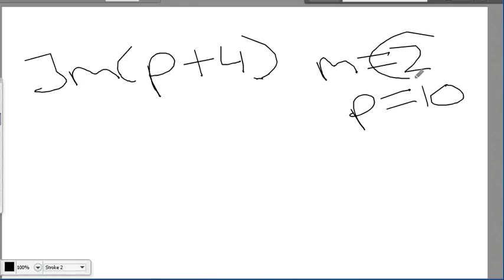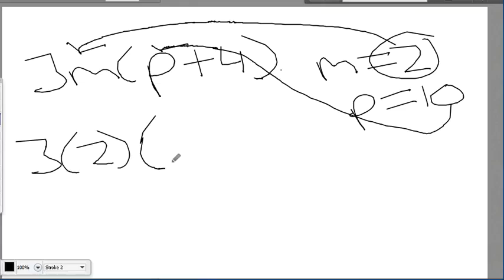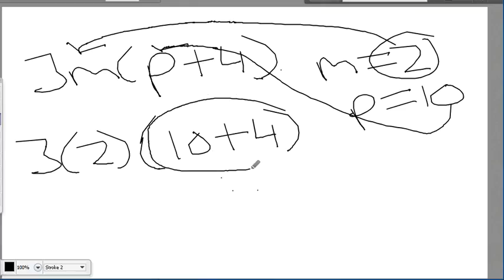Let's plug 2 in for the m and 10 in for the p, and then figure out the answer. So 3 times, instead of the m, we plug in 2, times, in the parentheses, instead of the p, we have 10 plus 4. Now remember, when we're evaluating, we always have to follow the order of operations. We need to do what's in the parentheses first, and then we're going to do our multiplications.